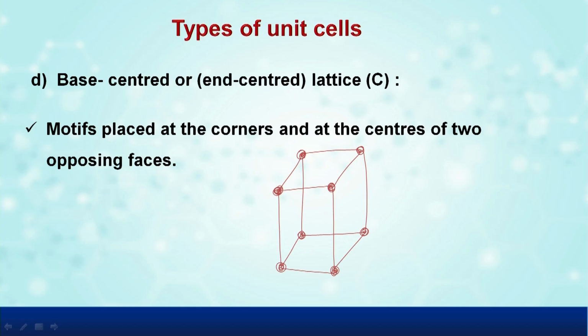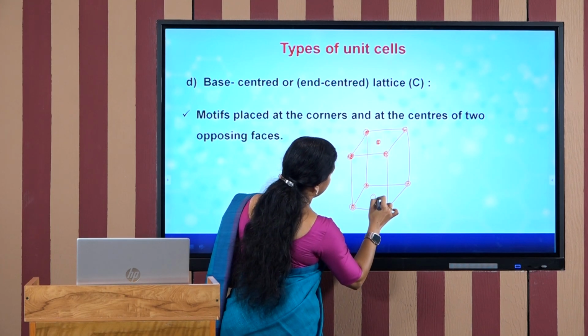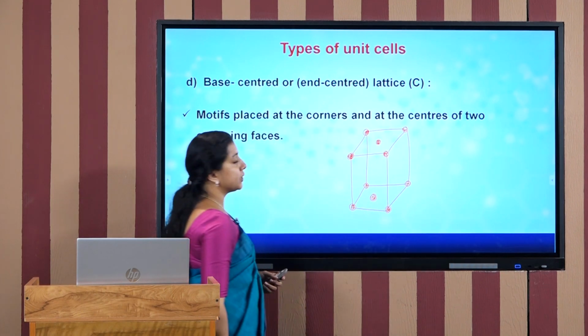Okay. So, let us consider the face on the top and the bottom. So, one motif or atom will be here and the other one will be here. Okay. So, on the 2 opposing faces.